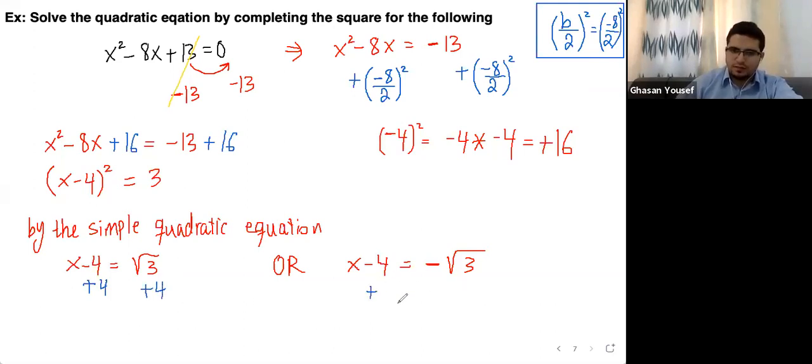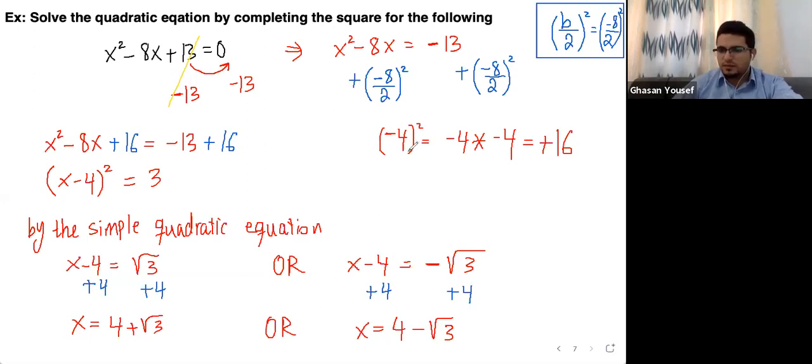I add 4 to both sides. This cancels out and gives me 0. Now the final answer is x equals 4 plus square root of 3, or x equals 4 minus square root of 3.